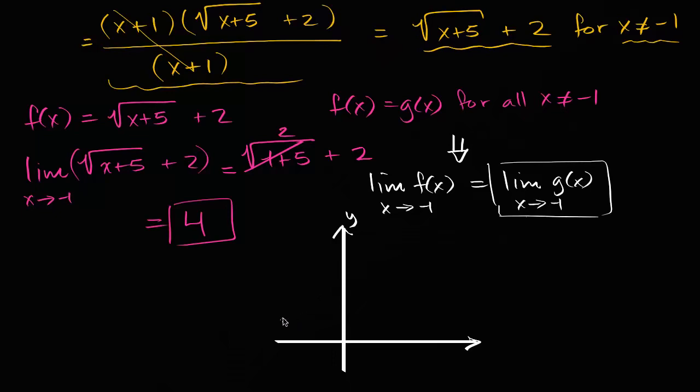G of x looked something like this, and it had a gap at negative 1. So it had a gap right over there. While f of x would have the same graph, except it wouldn't have the gap. And so if you're trying to find the limit, it seems completely reasonable. Well, let's just use f of x and evaluate what f of x would be to kind of fill that gap at x equals negative 1. So hopefully this graphical version helps a little bit, or if it confuses you, ignore it.